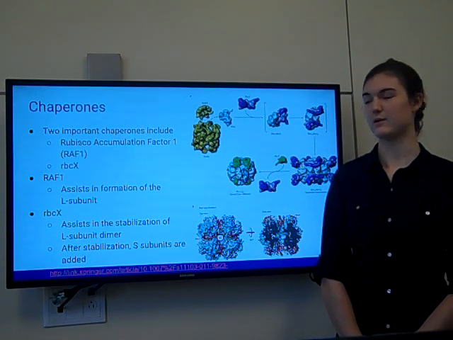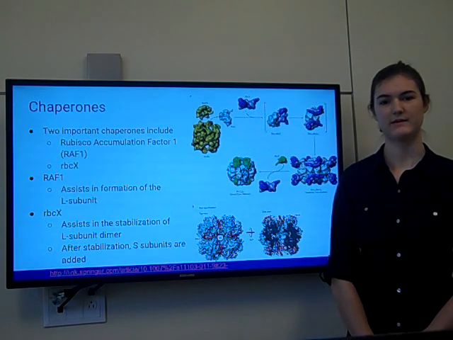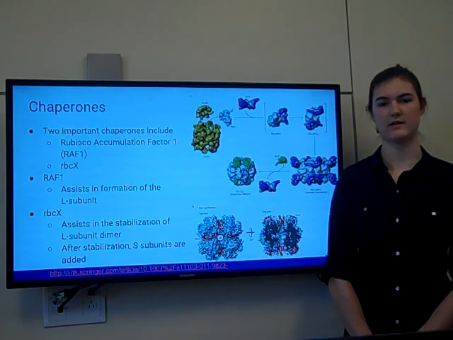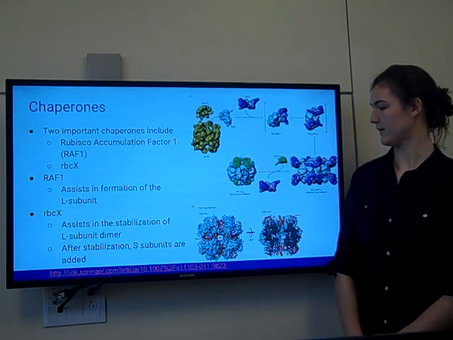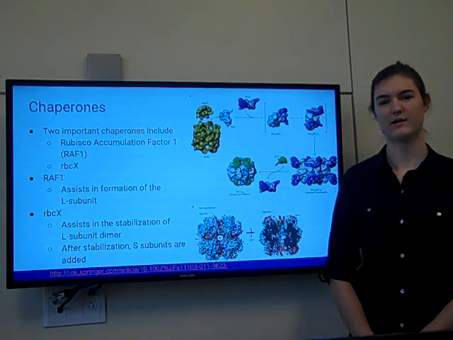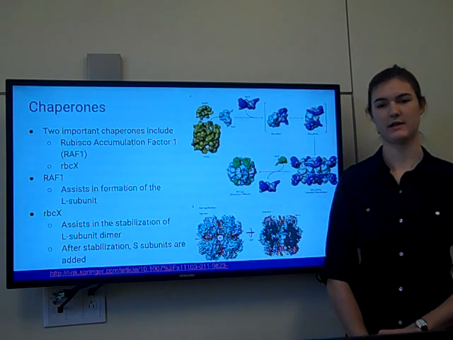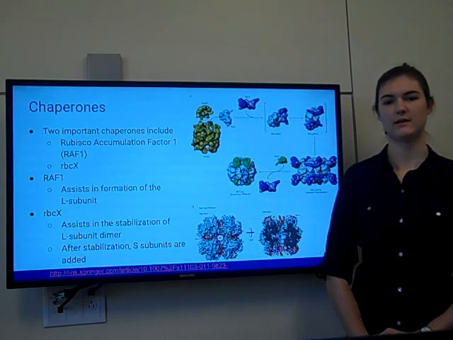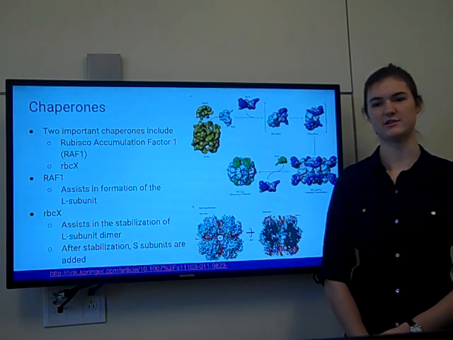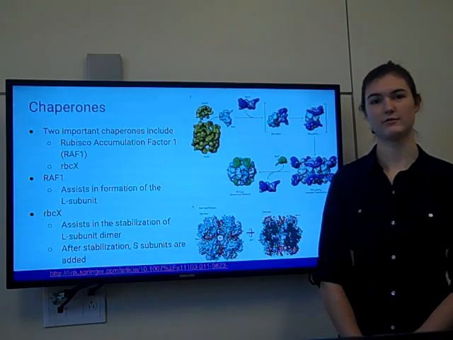RAF1 assists in the formation of the large subunit, and then RBCX also helps to form the large subunit dimer, and then forms the entire conglomeration of large subunits. When the S subunit comes along to bind the L subunits, the RBCX and RAF1 are ejected from the overall structure.